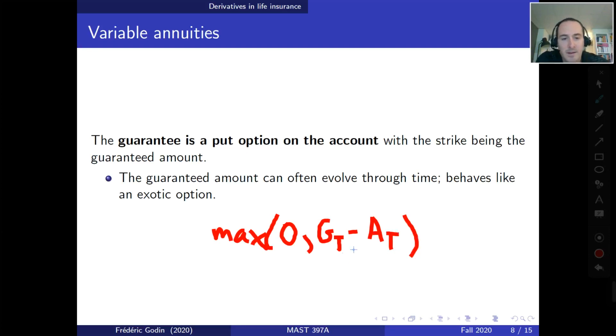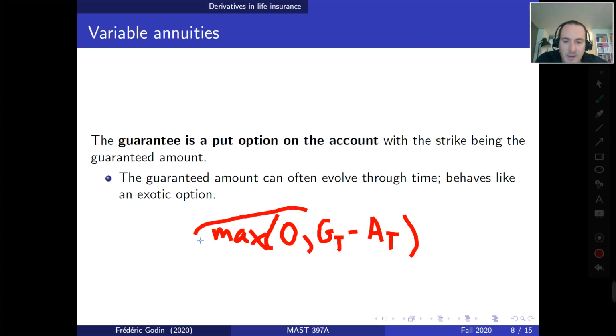So here t is either a fixed date for some contracts, where sometimes the payment is contingent on the policyholder surviving or something like that, but sometimes t is a random variable which denotes the time of death of the policyholder.